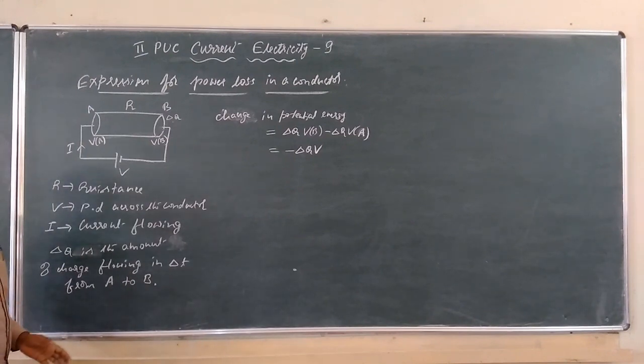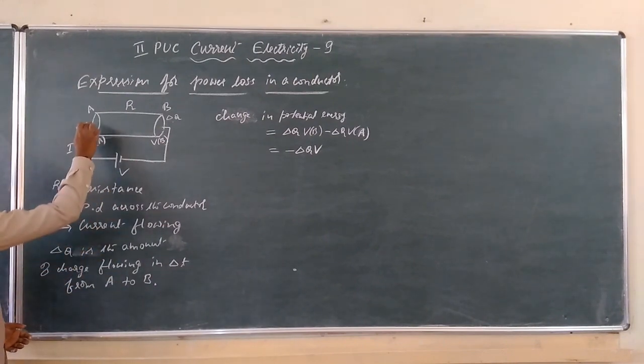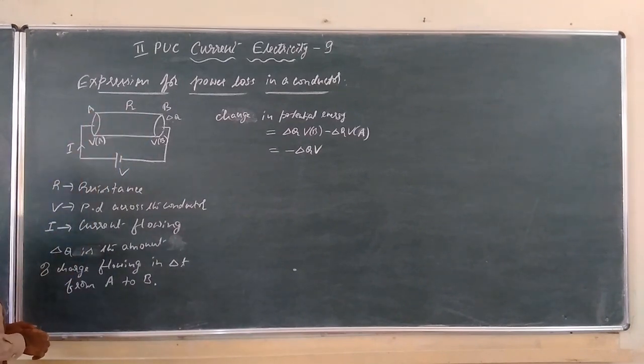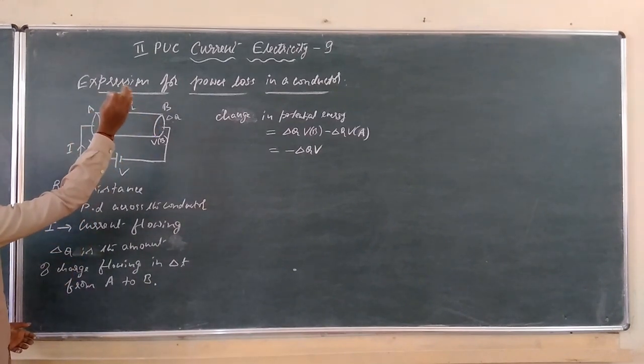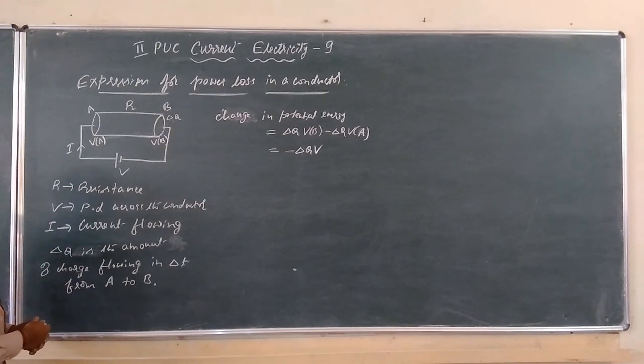Now it is equal to the gained kinetic energy of the charge. Delta Q is the amount of charge flowing from end A to B. As soon as it reaches end B, what about the gained kinetic energy?